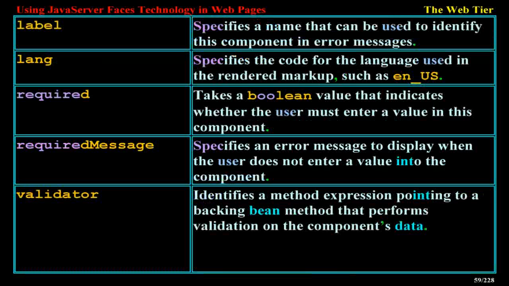lang specifies the code for the language used in the rendered markup, such as en. required takes a Boolean value that indicates whether the user must enter a value in this component. requiredMessage specifies an error message to display when the user does not enter a value into the component. validator identifies a method expression pointing to a backing bean method that performs validation on the component's data.